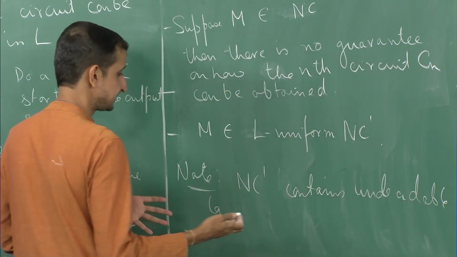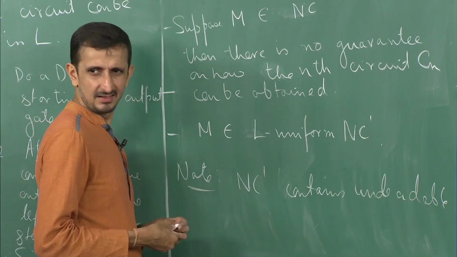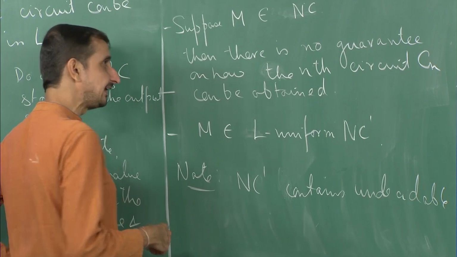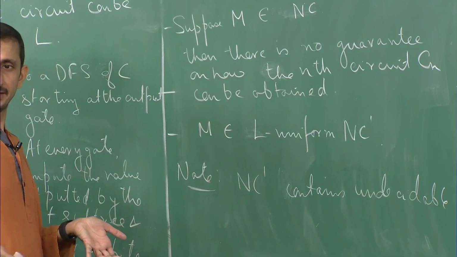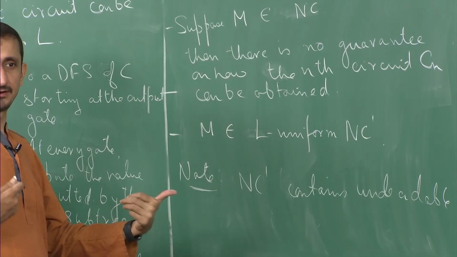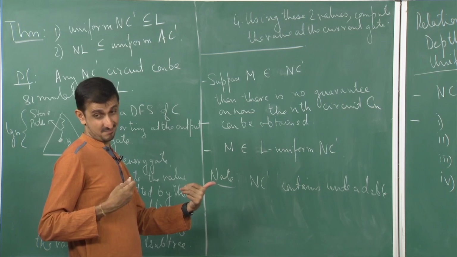In fact, not just NC1, any non-uniform class, well, not any, you have to look at the entire input. So, for example, NC0 will not work, in NC0 you can't even look at the entire input. Yeah, but still it can have undecidable languages.